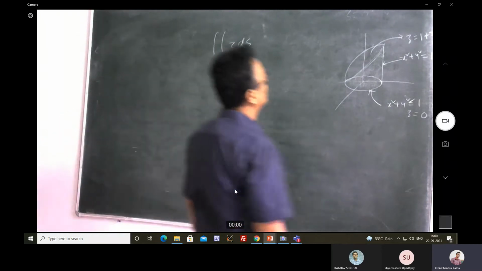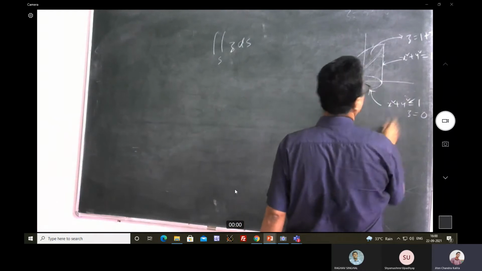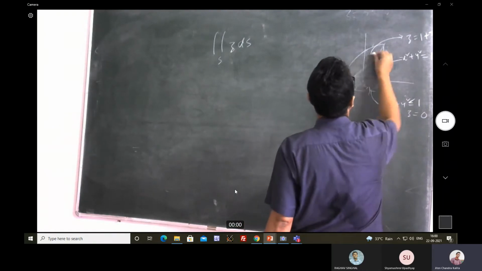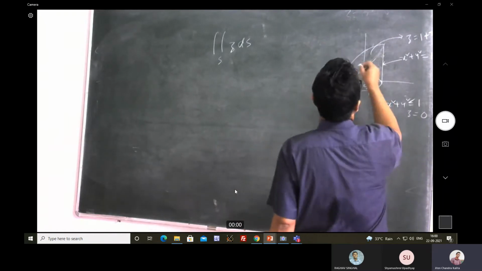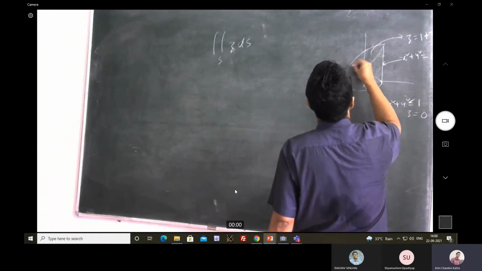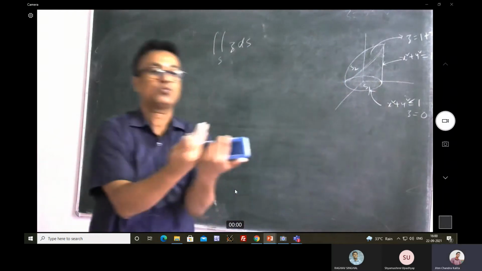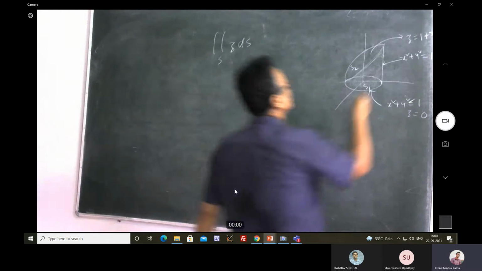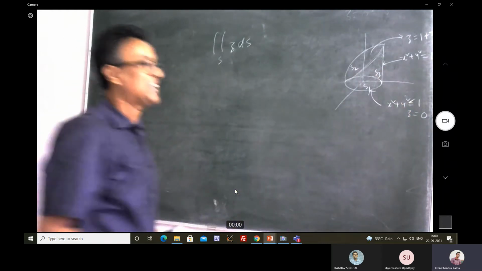Let me call this one S1, that is the base, and let me call this plane given by z equal to 1 plus x, S2, and this cylindrical surface, S3, because I would like to evaluate them in that order.